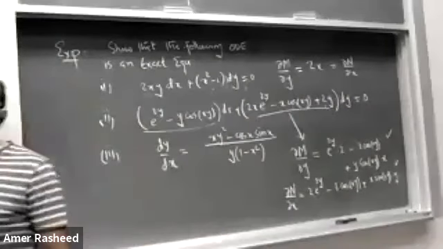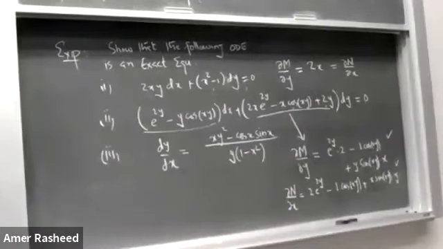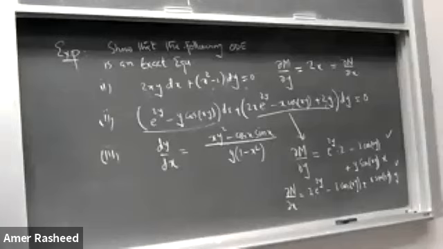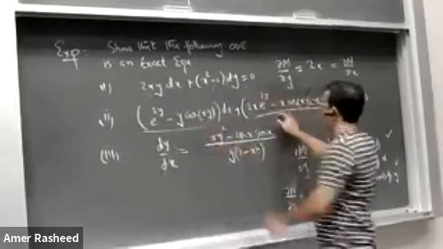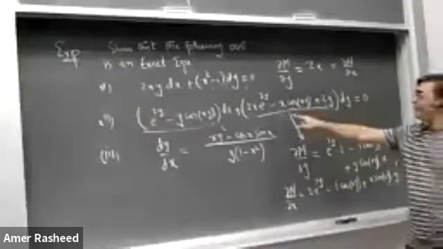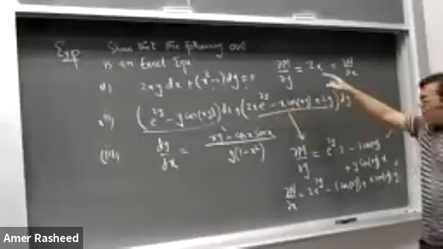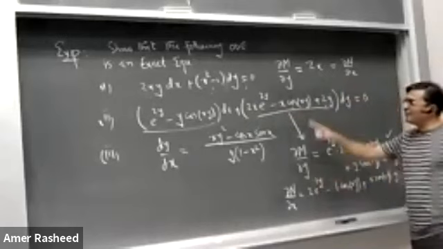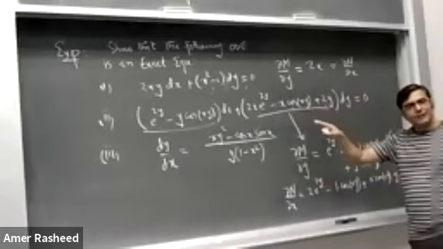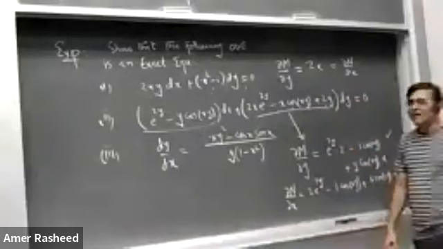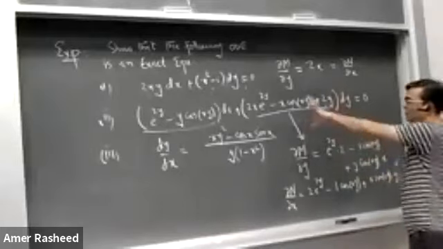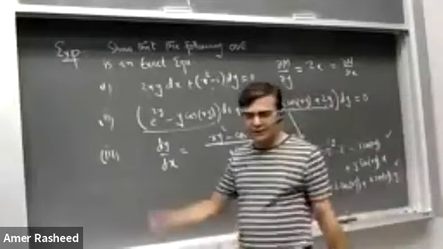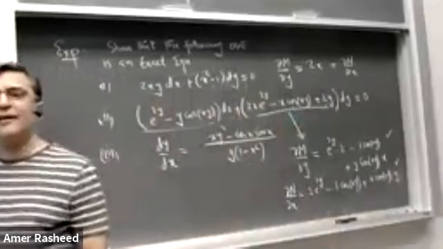So now we have another method. We can check whether this left-hand side expression is an exact differential or not. If it is an exact differential, then we can find the solution by using this technique.